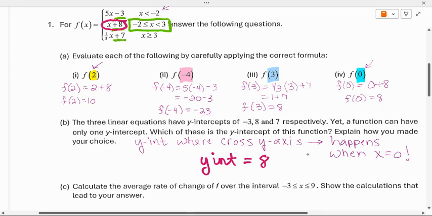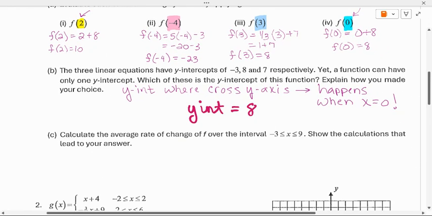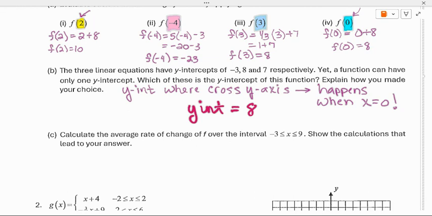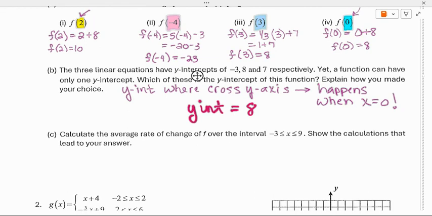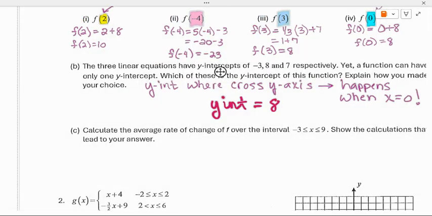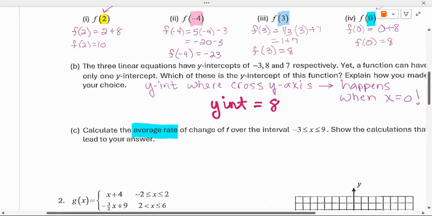All right. So now let's look at our next question. It says calculate the average rate of change. So we've done several warm-ups on average rate of change. Remember that the average rate of change is talking about slope. Average rate of change is just another way to say slope.